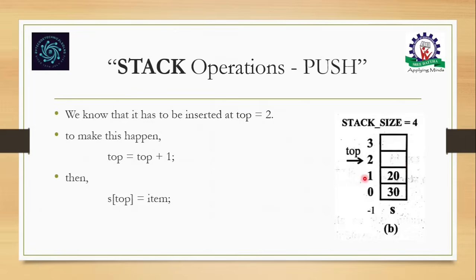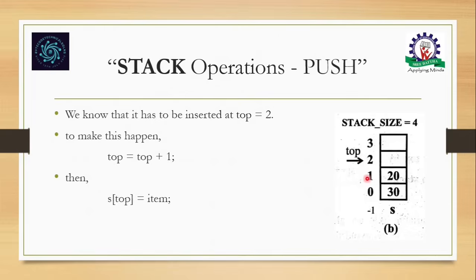Earlier the top was marking at 1. Now if I want to insert a new element, it should be at position 2. If at all I want to insert, the top has to point to an empty location, so that I can insert in that space.